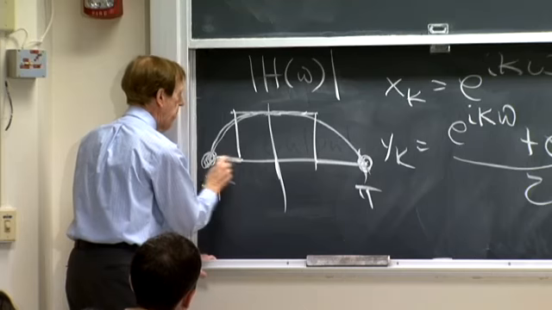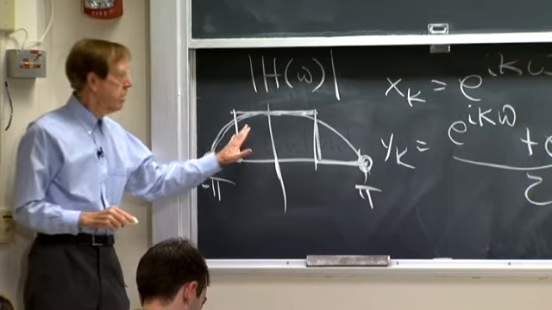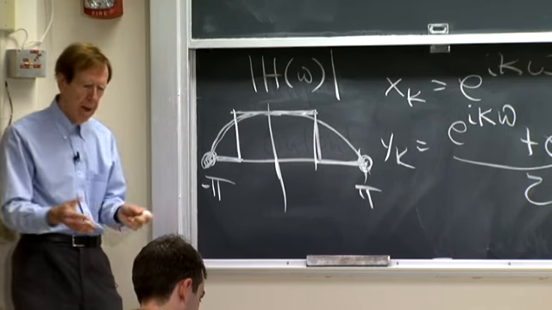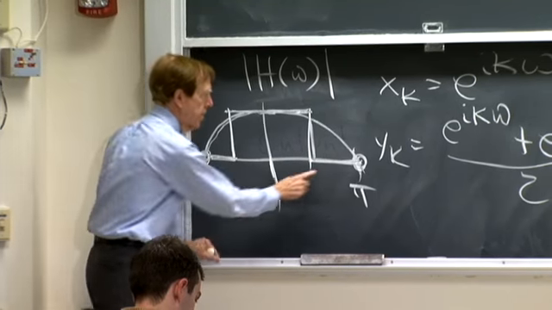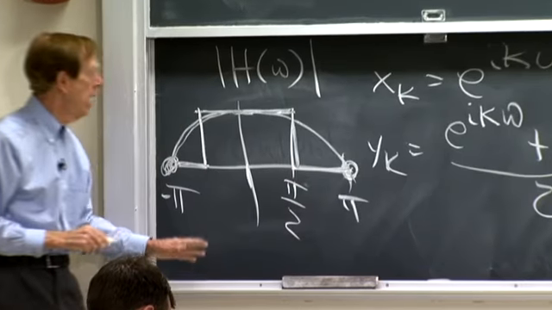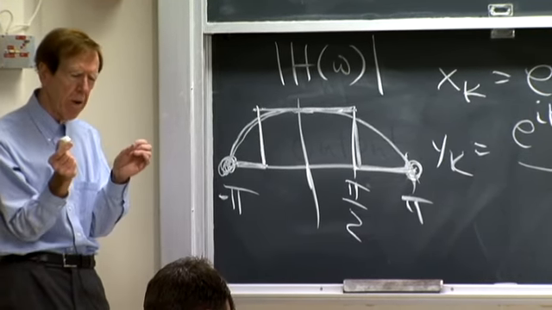There is a really good filter. I mean, people would pay money for that filter. Because what happens when you send a signal through that ideal filter? It completely wipes out the top frequencies, let's say after pi over 2, and completely saves the in-between ones. So that's really a sharp filter.